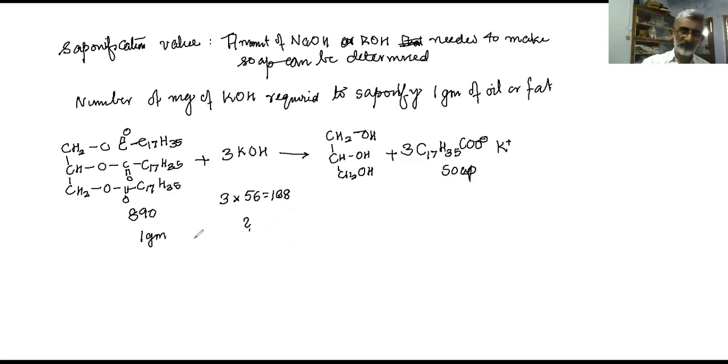Okay, so let us do the calculation. 890 requires 168.